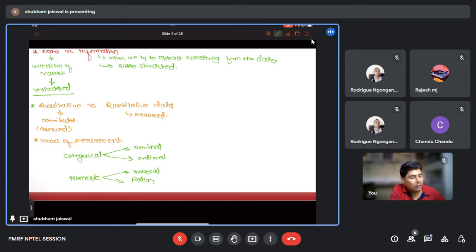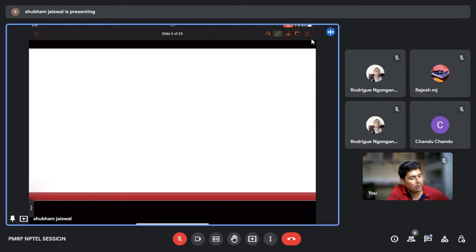So this we have seen, and after that we have seen the difference between discrete and continuous data. So what is discrete data actually? The discrete data is the value which has nothing in between.